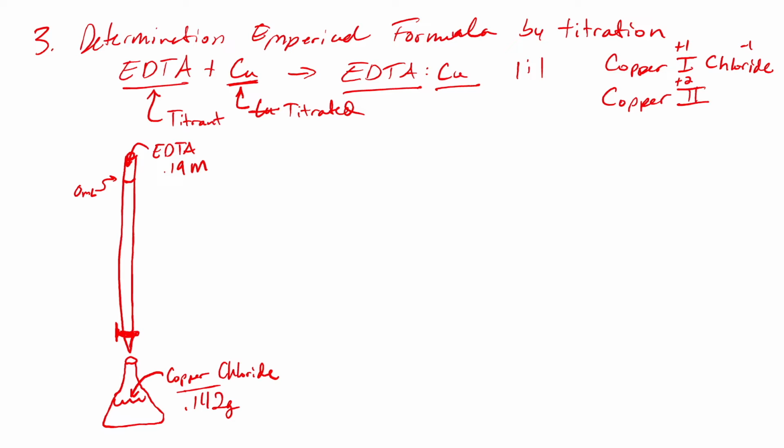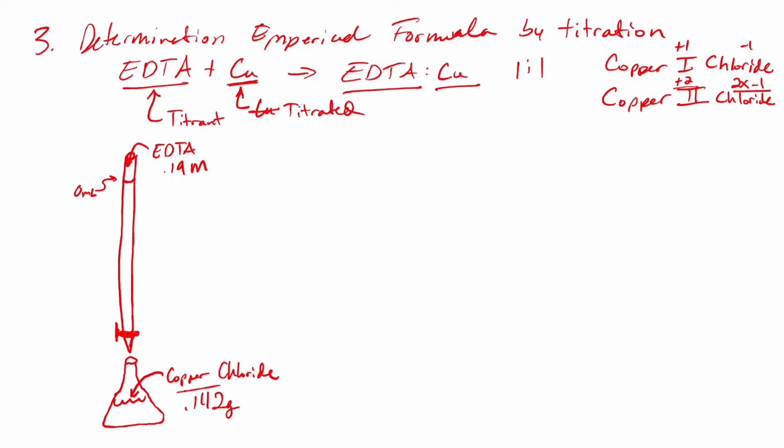But if you had copper 2, you'd actually have two. You would need 2 chlorides to actually make a neutral compound. So it's actually 2 times -1. That way you get -2 here, which balances out the +2 on the copper 2 side.